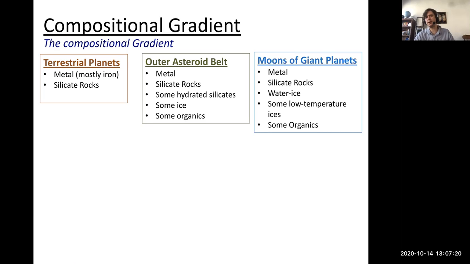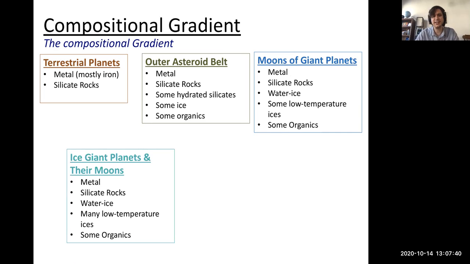The moons of the gas giant planets, they're made out of metal, silicate rocks, lots of water ice, some low temperature ices, and some organics. And notice that the ingredient list is just growing. With each step, the ingredient list is getting larger.